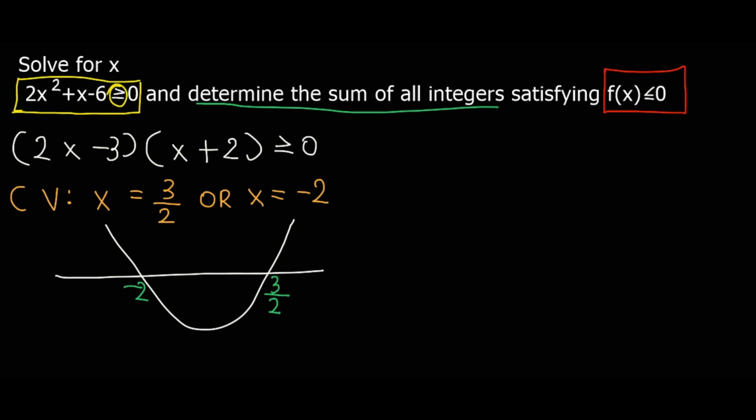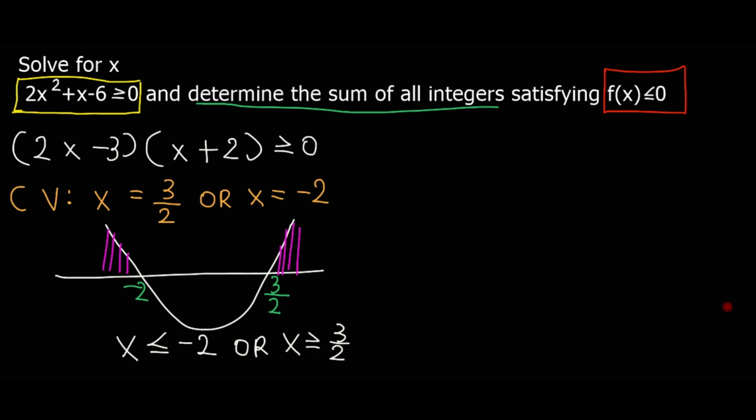We know that greater or equal is above the x-axis, so it is over here. So we say x is less or equal to -2, and then x is greater or equal to 3/2. So we solve x based on this inequality.